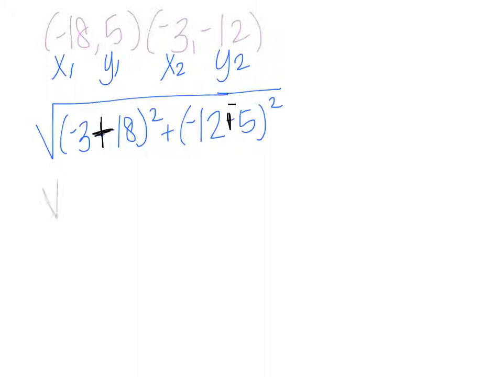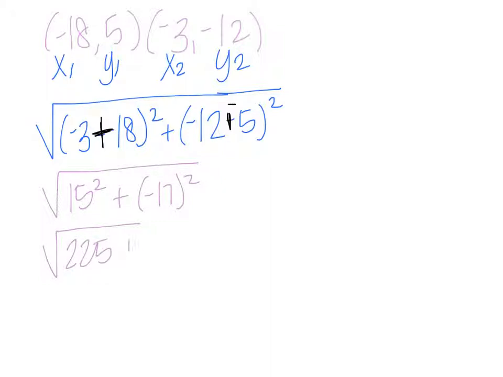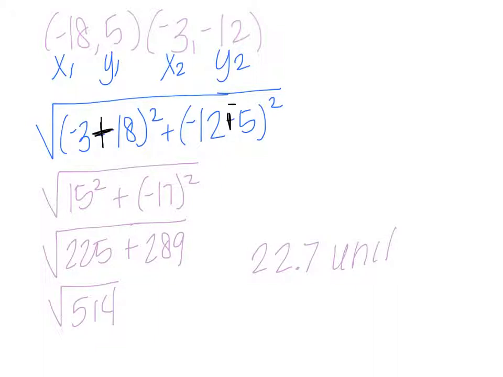So when I reduce this, -3 plus 18 is 15. We have 15 squared. Plus -12 plus -5 is -17 squared. 15 squared is 225. Plus -17 squared is 289. When you add those two together, you get 514. And the square root of that is 22.7 units.